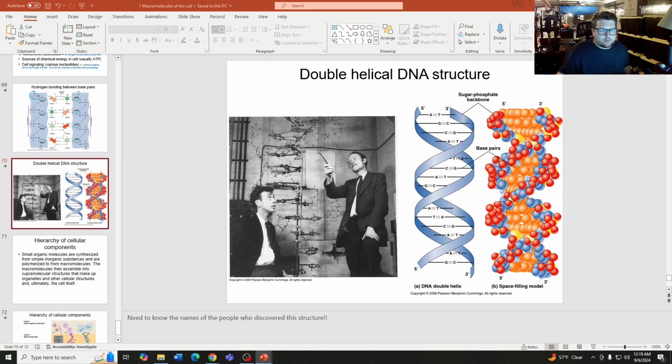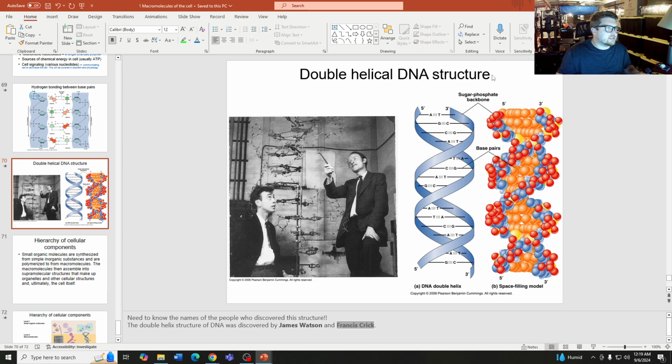Let me make sure I remember their first names. James and Francis. Okay. So the double helix model, where they actually built the DNA structure, was by James Watson and Francis Crick.